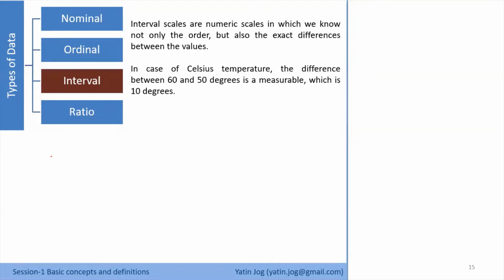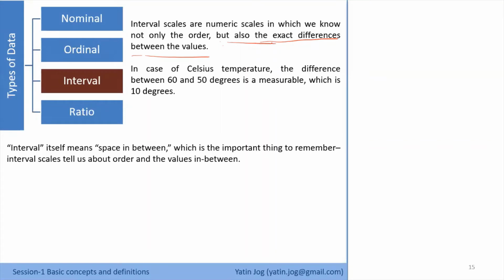So not only the difference between the values but also the exact difference between the values is measurable. Okay, so we are going one step ahead. Interval itself means space in between. The dictionary meaning of interval itself is space in between, which is the important thing to remember. Interval scales tell us about order and the values in between also.